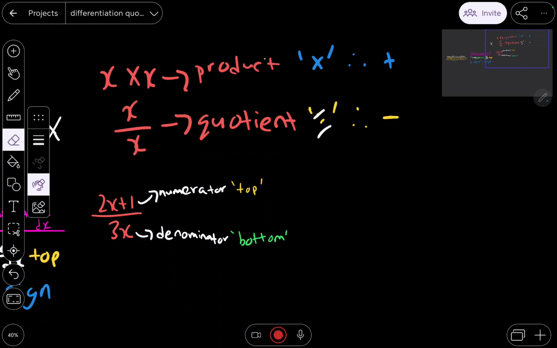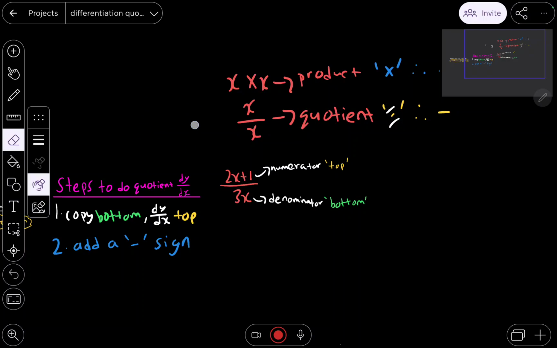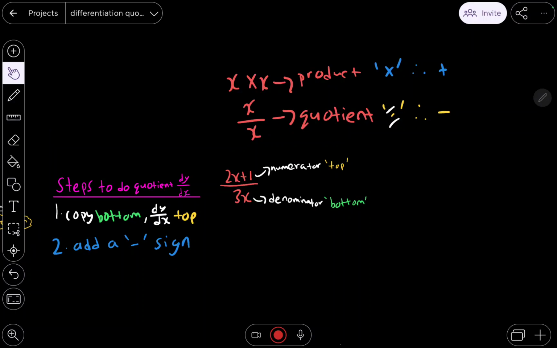I will erase this. Always remember, times and divide are related, they are interchangeable. So this is an analogy on how I think of product rule, which sign do I put, and quotient rule, which sign do I put.